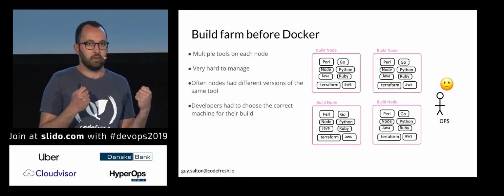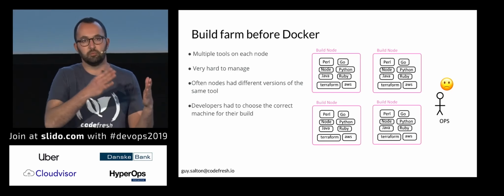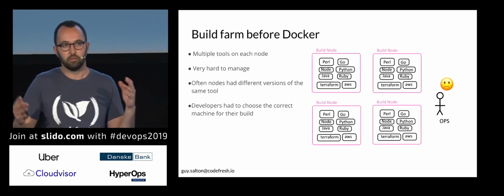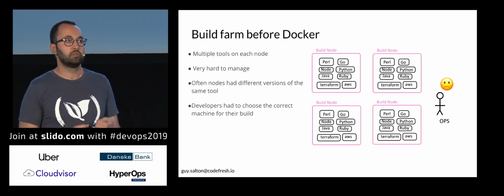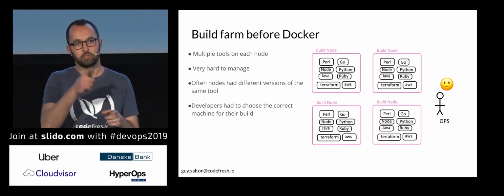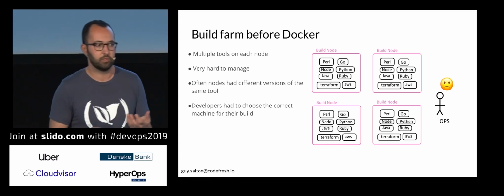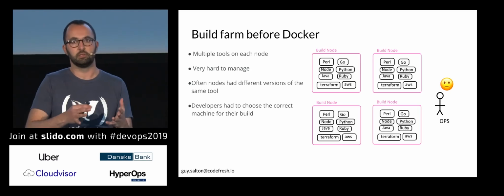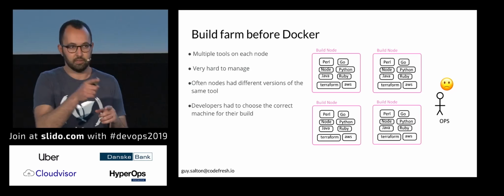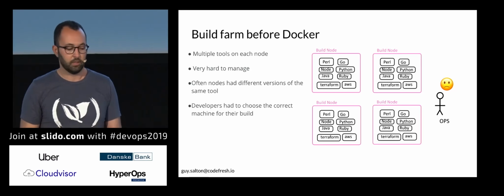And then the job not only of the operator is difficult because it has to maintain these different type of nodes. Also, the developer, when he wants to run his pipeline, he has to choose the correct build node, because if the developer wants to build his application that needs Python 3.7, he has to choose a specific build node that has this version installed.